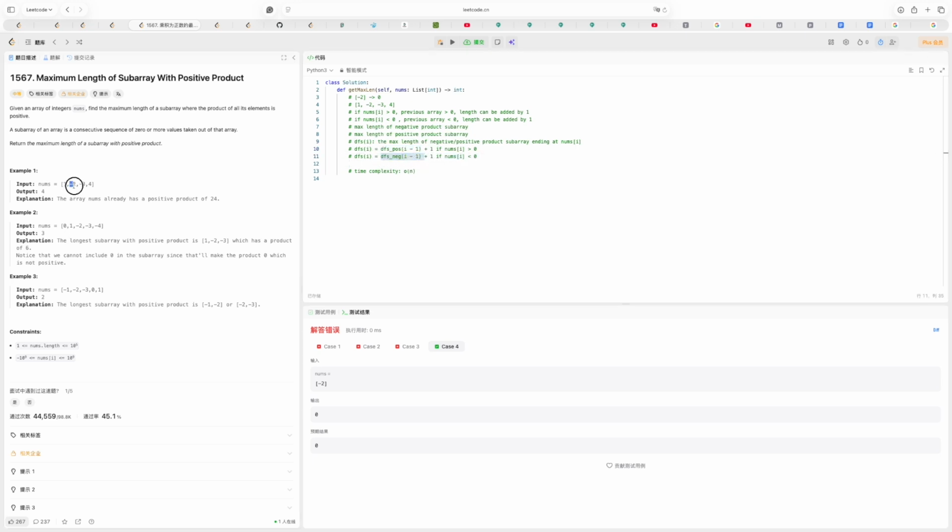And when we are at negative, then negative is 0, positive is 1 now, and when we add negative, then the negative will be added by 1 and positive should be 0.